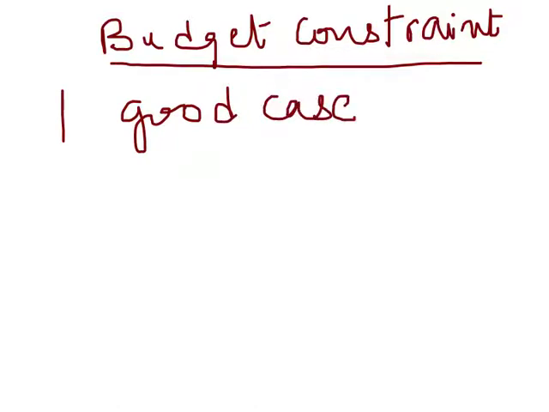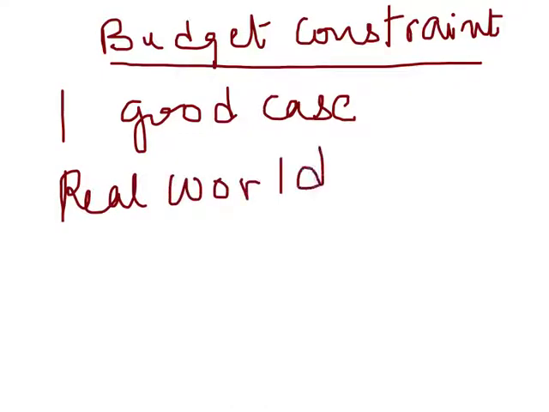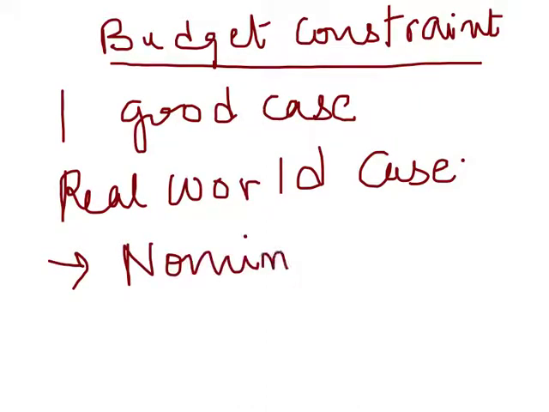on apples. Then we also looked at real world case where we spend money on a large number of goods and services. And there I wrote down the formula through which you can calculate real income. And you already know the difference between nominal and real income.